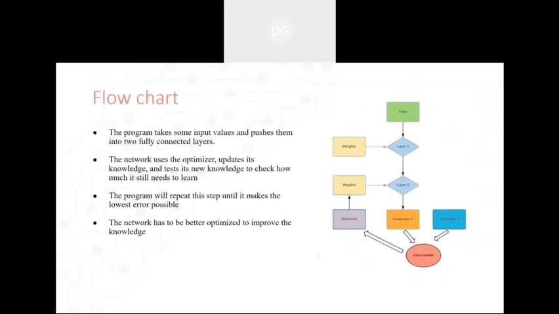So this is the flow diagram. I think here you can understand it even better. Input I have given is passed to my first layer. In this layer some weights are added, and after doing the operation, it goes to the second layer. This output is passed as input to my second layer.